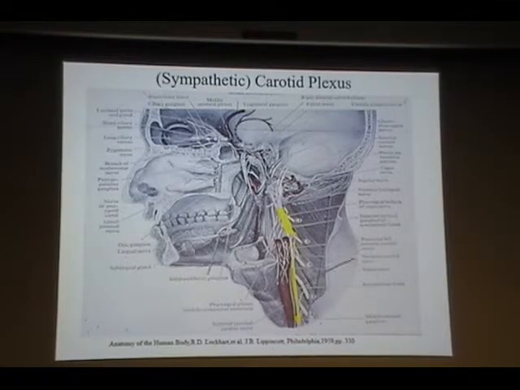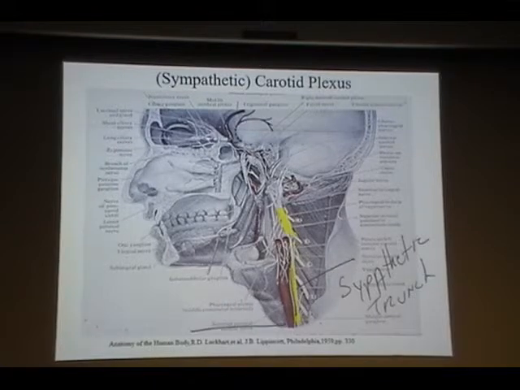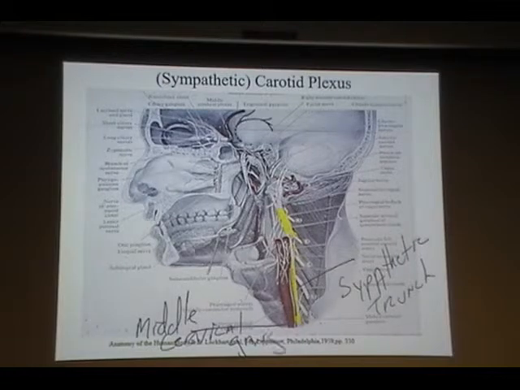Okay, so this is the sympathetic trunk. This little ganglion down here is actually the middle cervical ganglion. And this one up here is the superior cervical ganglion.